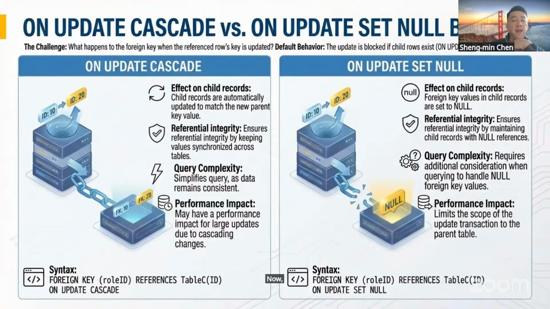Now, you might ask me, what about set null? Yes, it is an option as well. And you could enforce that to be the action or behavior, whether it makes sense or not is by design, that is up to you.